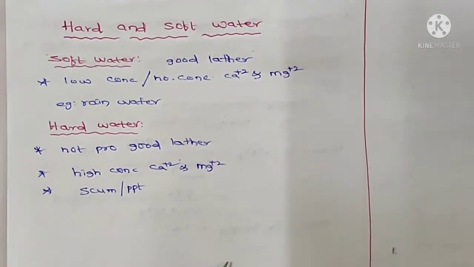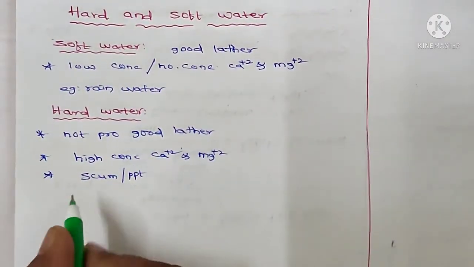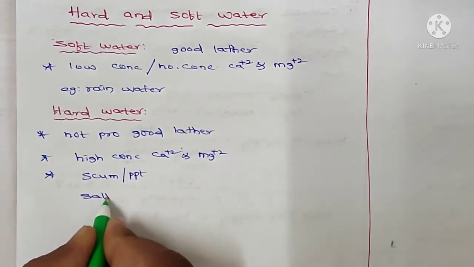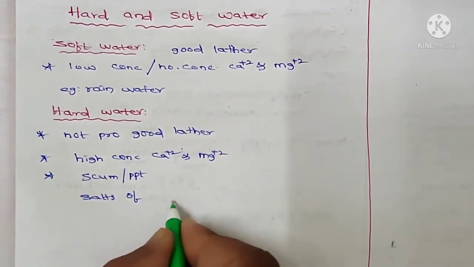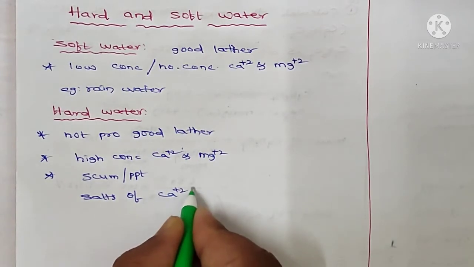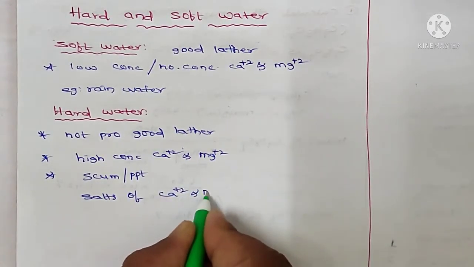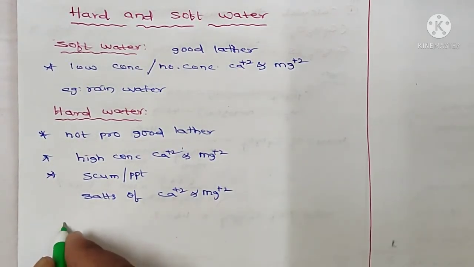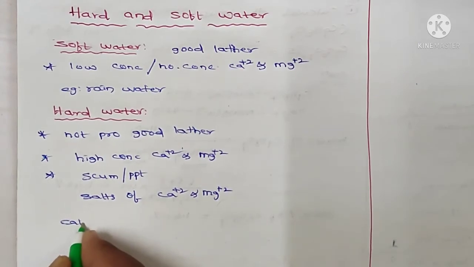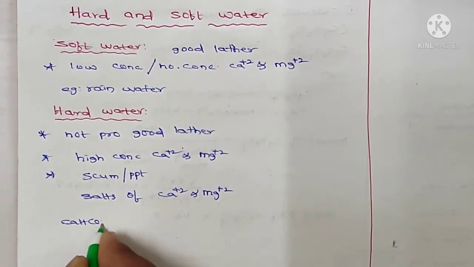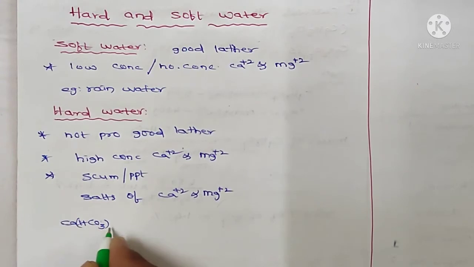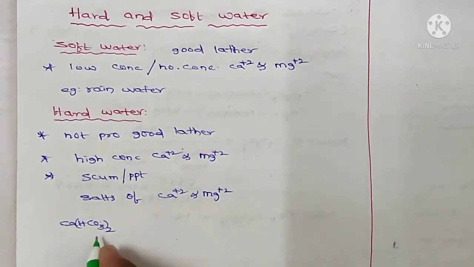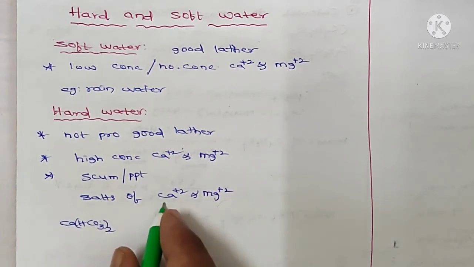Let me take the salts of calcium and magnesium. Calcium bicarbonate, Ca(HCO3)2, is a salt of calcium.